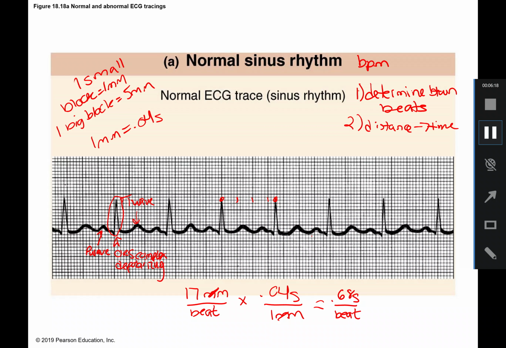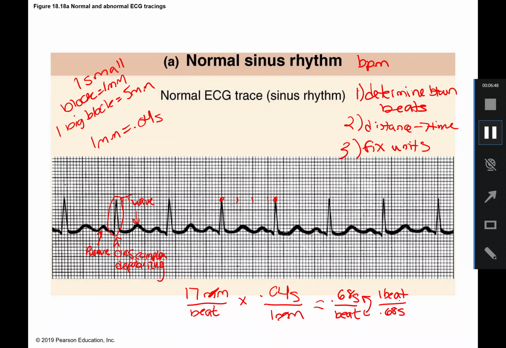Well, now I have to fix my units because again, I've got a heart rate, 0.68 seconds per beat, but that's not my unit for heart rate. And so I have to invert my fraction. Make sure that I put beats in the numerator.